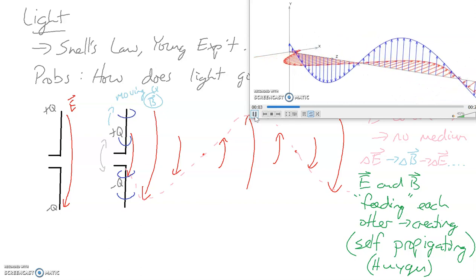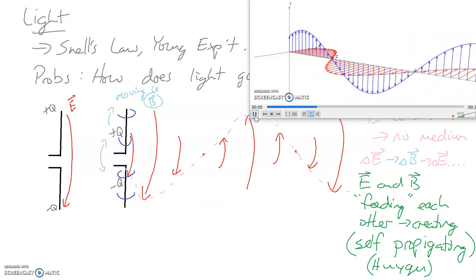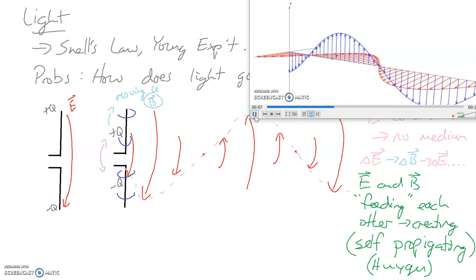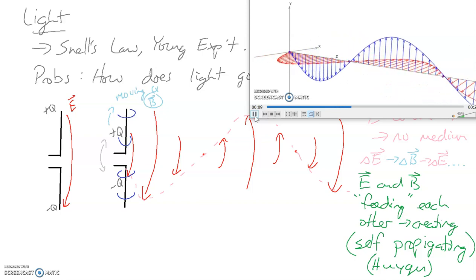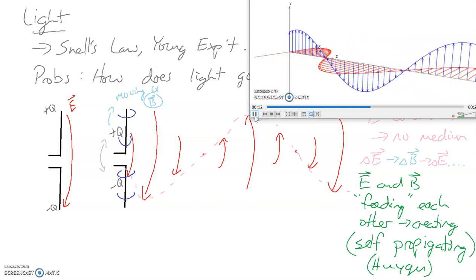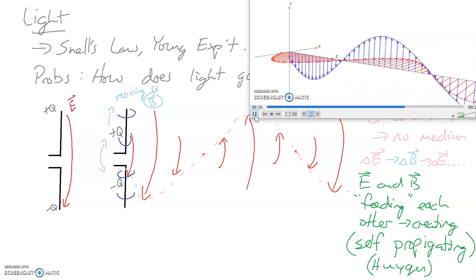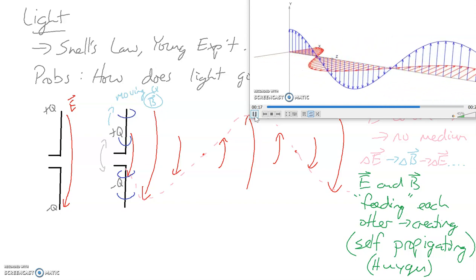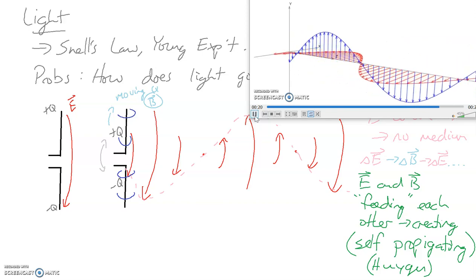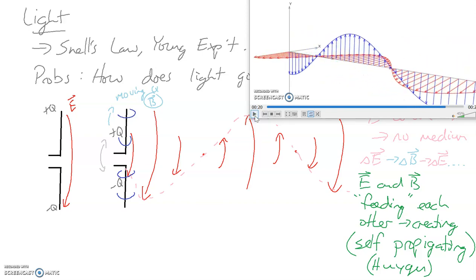And you can see that the two fields are moving, and they're moving perpendicular to each other. It has to do with how they're created and how they actually work. This is a wave made of electric fields and magnetic fields, and they're continually recreating and feeding off each other, using the induction stuff that you guys have taken, to keep on going forward. And this is the idea behind an electromagnetic wave. You guys have heard of electromagnetic waves before.